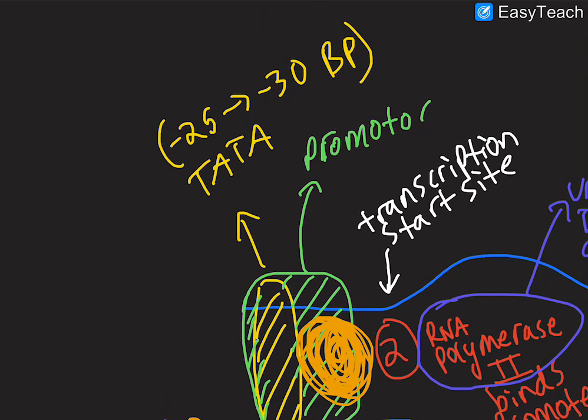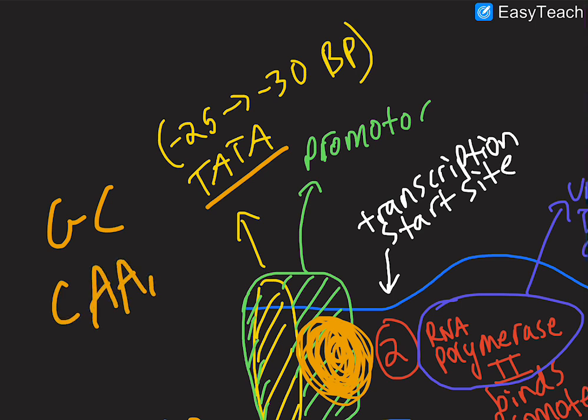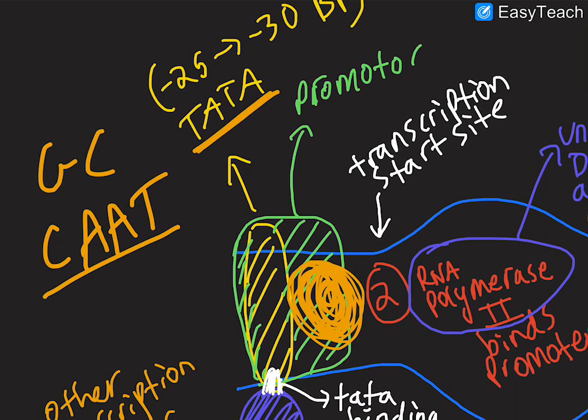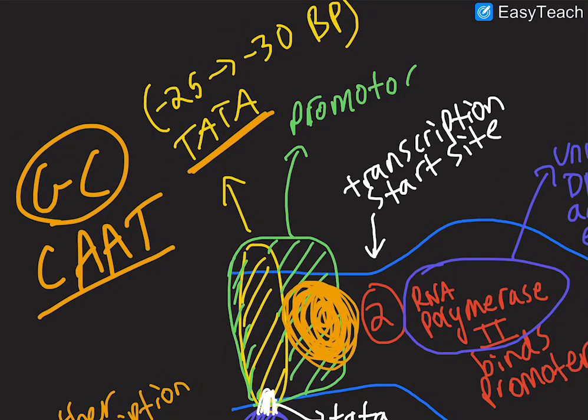The RNA polymerase can bind to the Tata box, to the GC box, or to a CAT box, specifically CAAT. So we have Tata, CAAT, and GC box. These are all sequences of nucleotides that RNA polymerase can bind to.